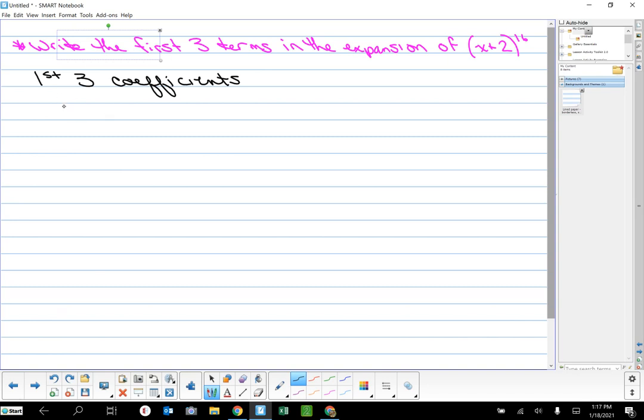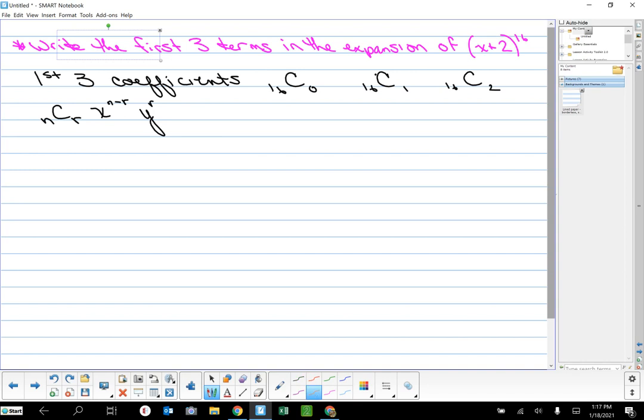We're going to use nCr, x to the n minus r, y to the r, for each and every term. So my first 3 coefficients are going to be 16C0, 16C1, and 16C2.